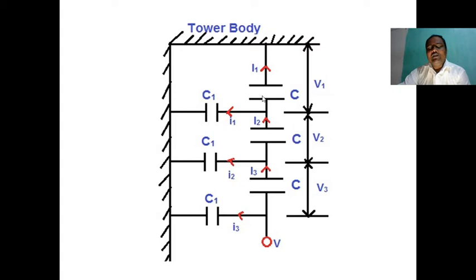Capital I1 is the charging current due to self capacitance. According to Kirchhoff's law, I2 is equal to I1 plus small i1. This is the tower body, and these are the node points.